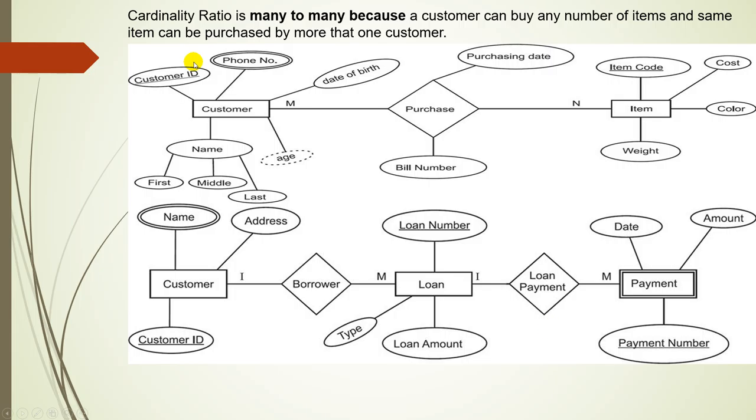Here, the cardinality ratio is many to many. Why? Because a customer can buy any number of items and the same item can be purchased by more than one customer.